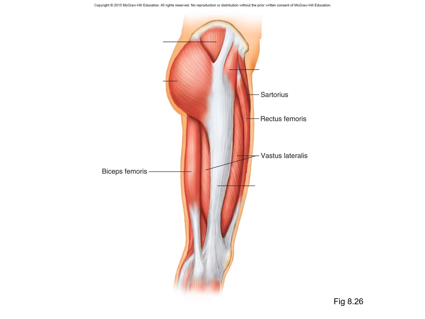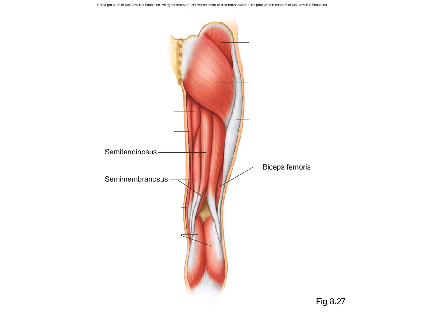All right. So here's another view of the vastus lateralis. And you know, they're named because they're vast muscles. They're big. Right? Another view of the rectus femoris, another view of the sartorius, and then a view of the biceps femoris. But let's look at the whole group of the hamstrings. So here we go. We have the hamstring muscles. Here the lateral muscle is the biceps femoris.